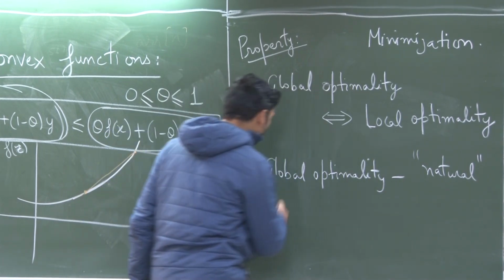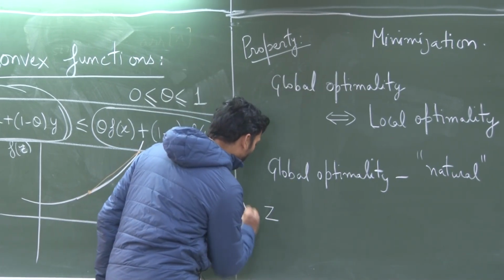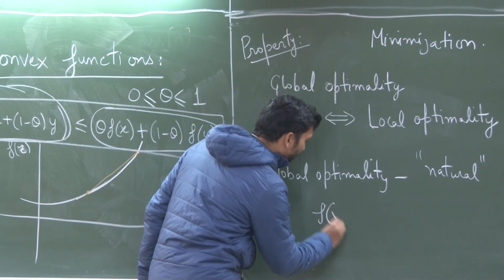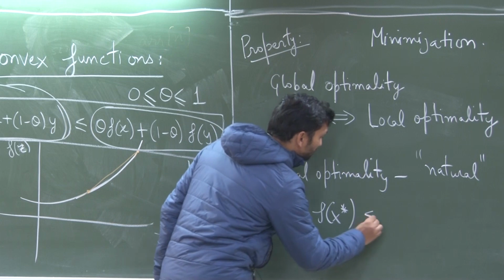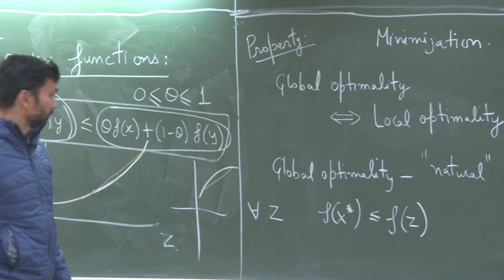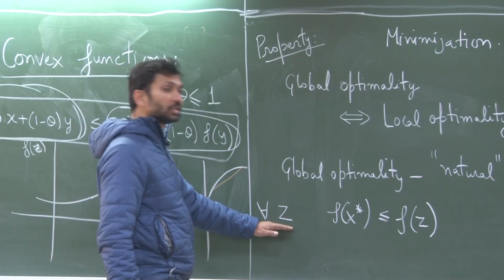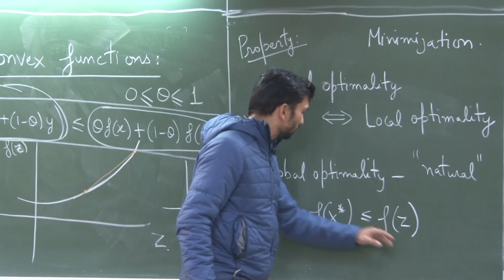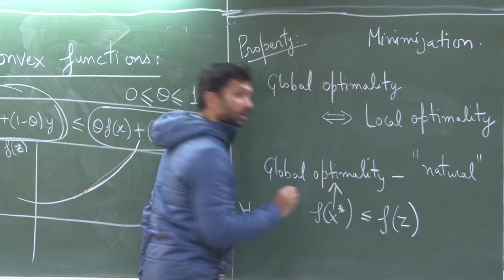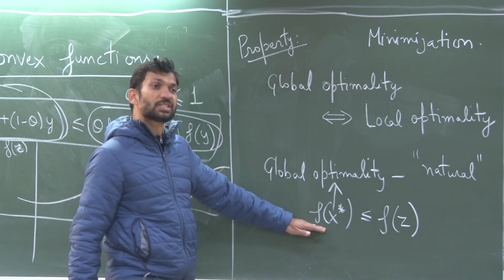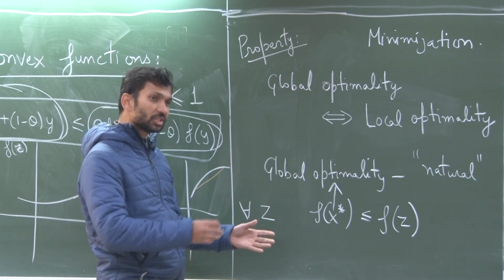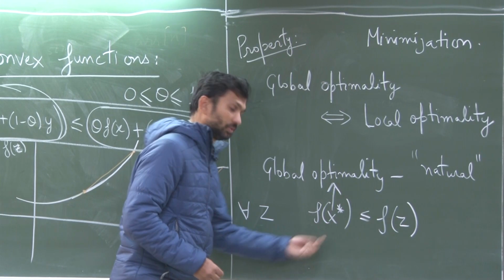What it means is, for all z, a point x star is optimal if f of x star is less than or equal to f of z. That means you take any point in the feasible region, the function value is higher than the value at the global optimal. This is what we are searching for. When we minimize a function over some region, we are looking for this point.